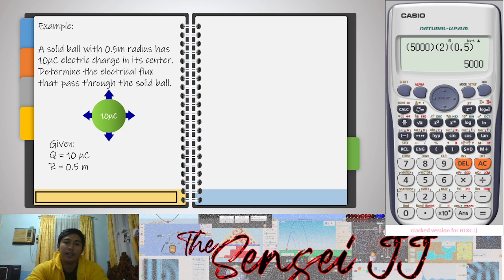So, okay. So, let's try to solve this one. Okay, so when we say solid ball, walang solid ball na 2D. Okay. So, when we say solid ball, this one is a sphere. This one is a sphere and the area natin dito in any surface is a perfect circle.